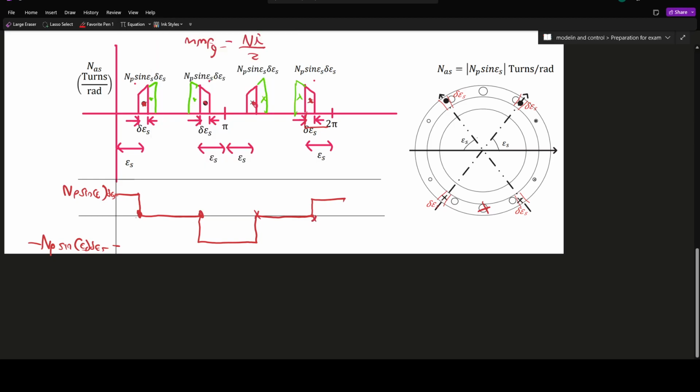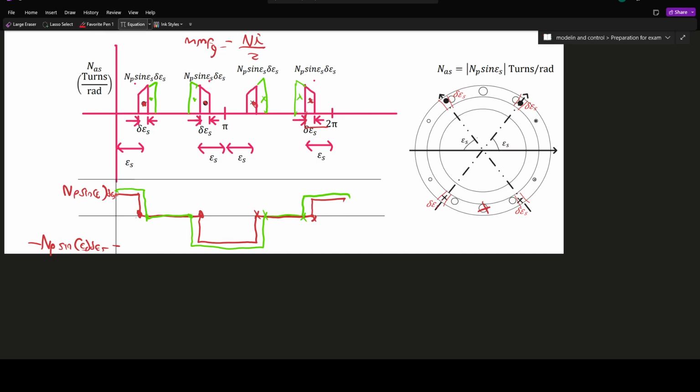If we do the same for the green one, it's going to be slightly bigger, because the angle is going to be bigger here. So we have the dot for the green one, another dot, cross and cross, following the same geometry. We know that it's 0 from here, and a little bit bigger here.